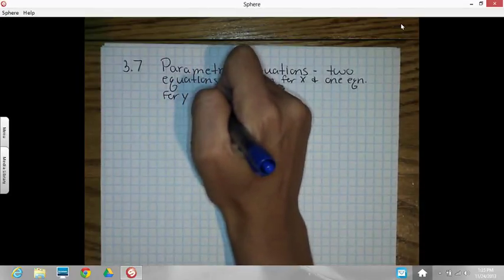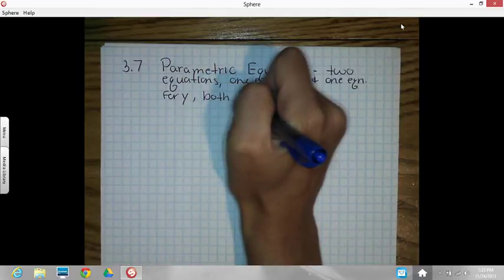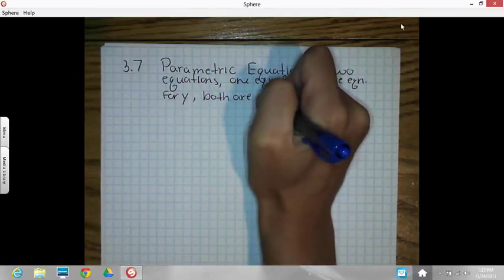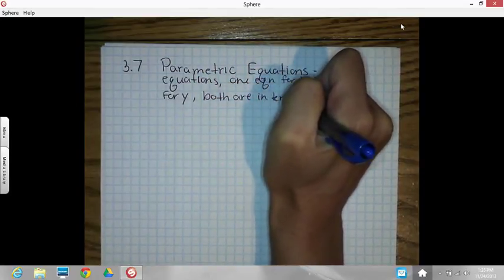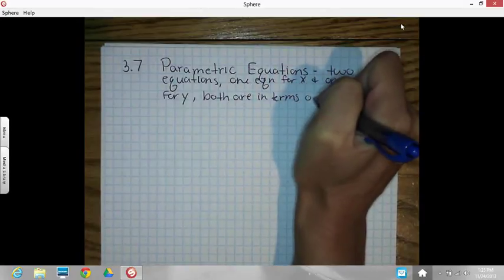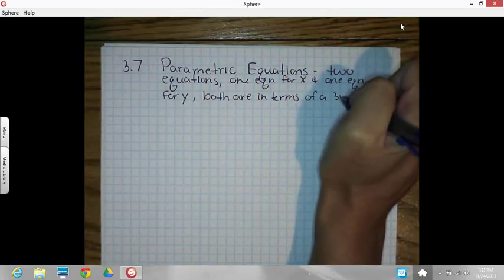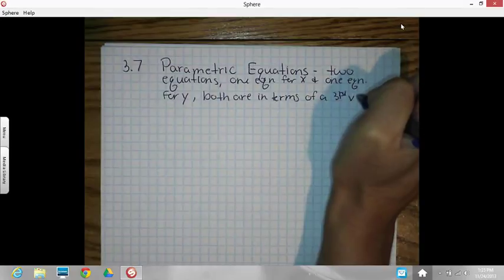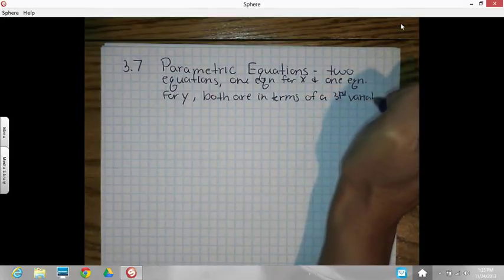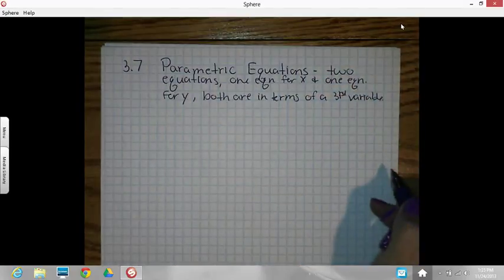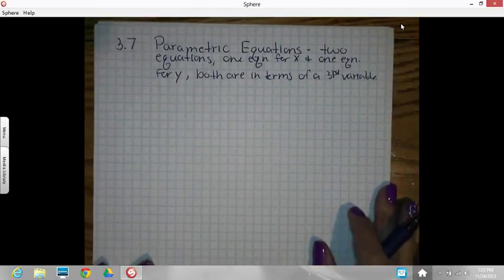And both are in terms of a third variable. And the most useful application to this is to have your third variable be time.